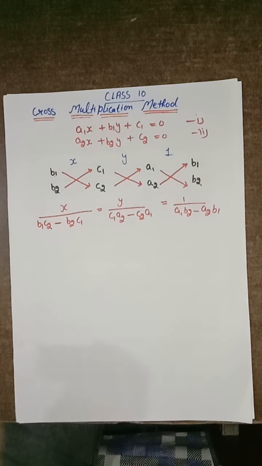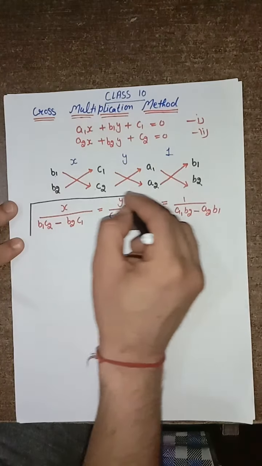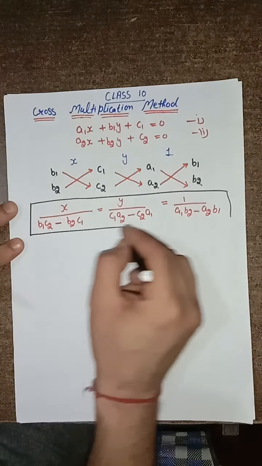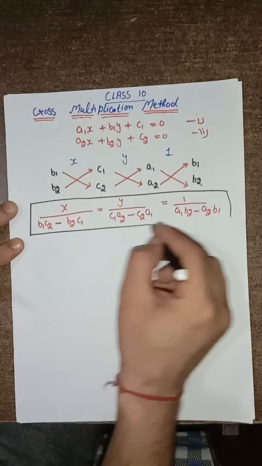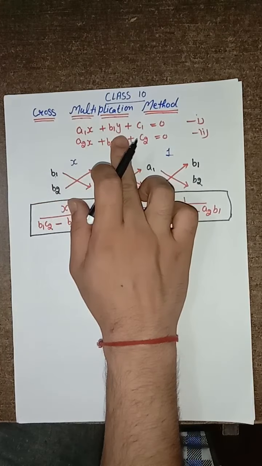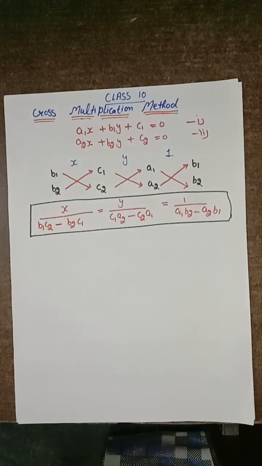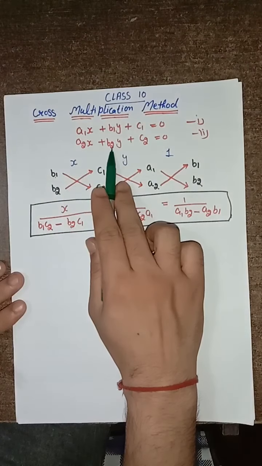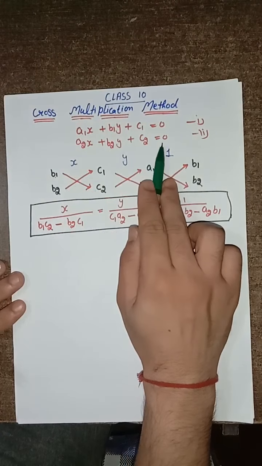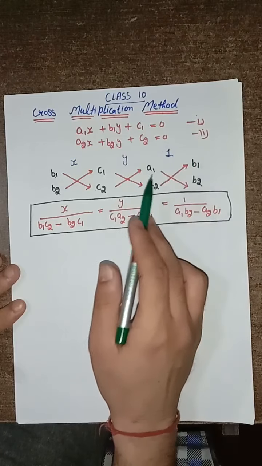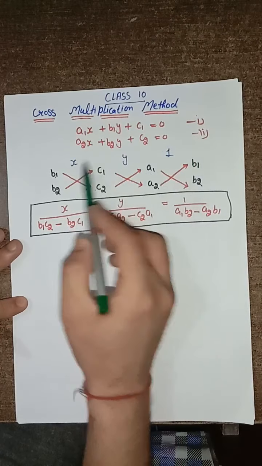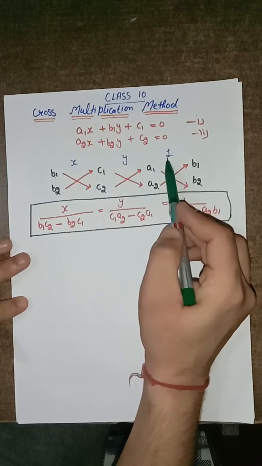I am repeating here. First of all, we write the equations in general form: a1x plus b1y plus c1 equals 0, and a2x plus b2y plus c2 equals 0, this is my second equation. Then I write x, y and 1.